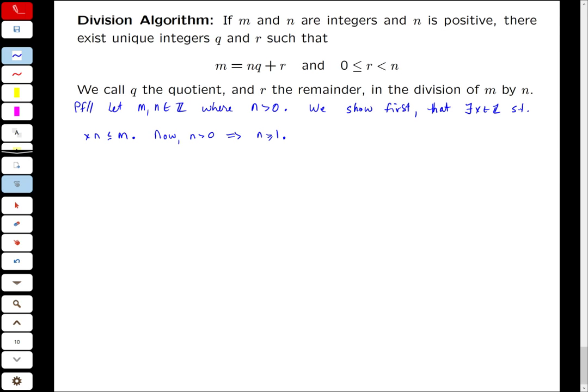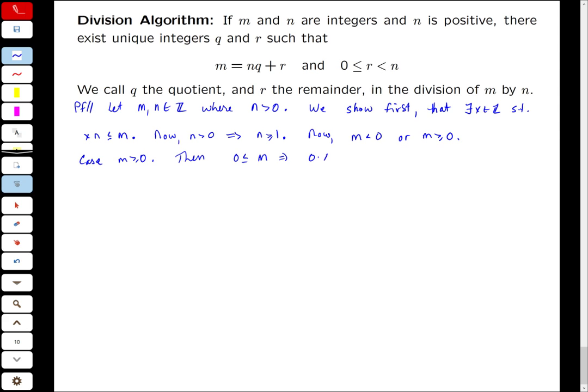Now m could be either positive or negative. m is less than 0 or m is greater than or equal to 0. Those are my cases. So let's look at the cases separately. And the first case the book does is m is greater than or equal to 0. If m is greater than or equal to 0, I know that 0 is less than or equal to m, and multiply both sides by x.